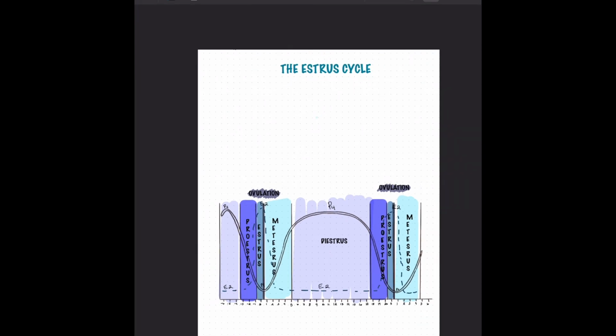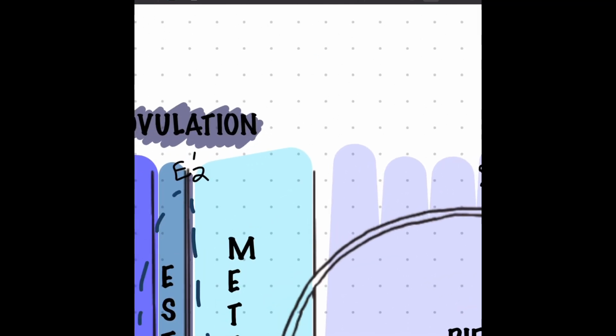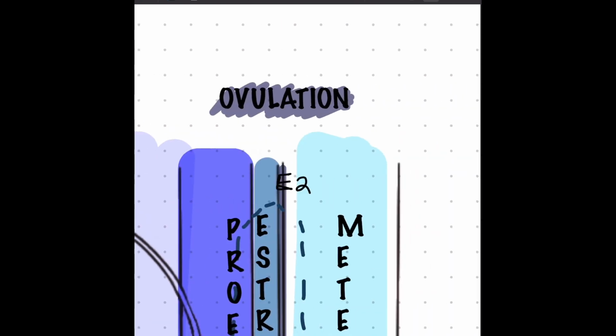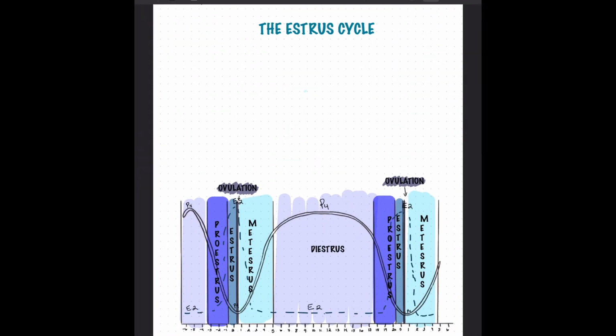All right. So now you can see everything's a little bit more color-coded. So ovulation occurs here and here. And then you'll have your proestrus start here, which means before ovulation.